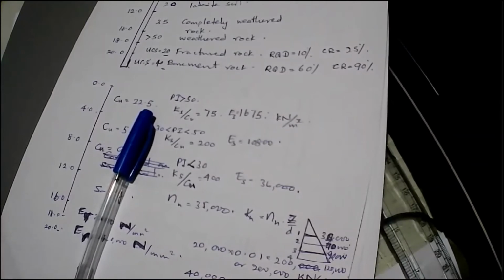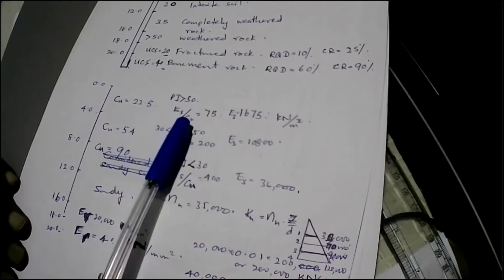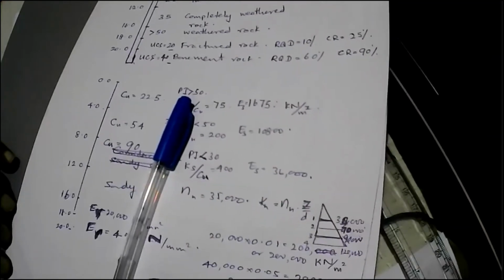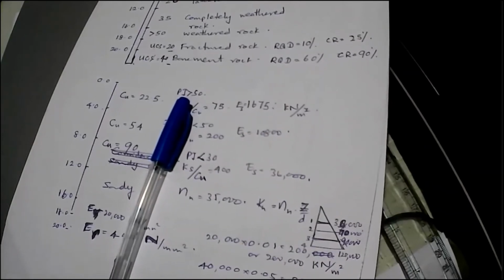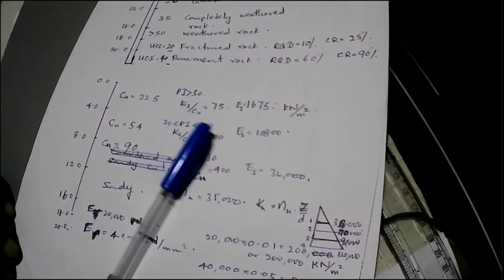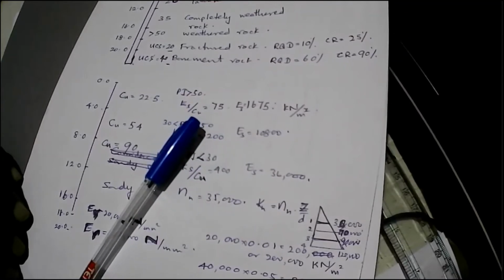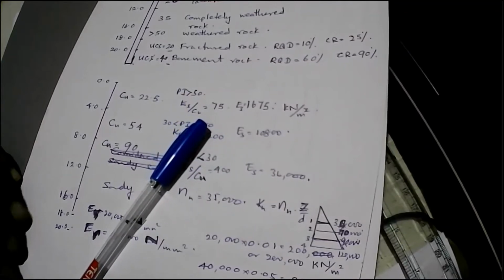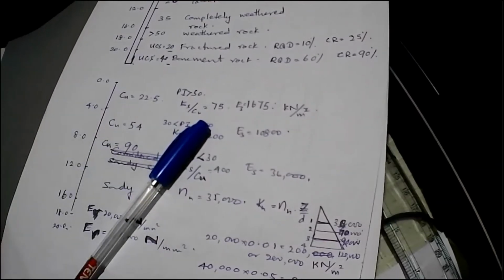Whereas if you have a fairly strong rock, with unconfined compressive stress of about 40 or more, when you test rock samples you sometimes get fairly high values. Then you might say the elastic modulus is between 30 and 40, or for very strong rocks it can even go up to about 50 kilonewtons per millimeter square.